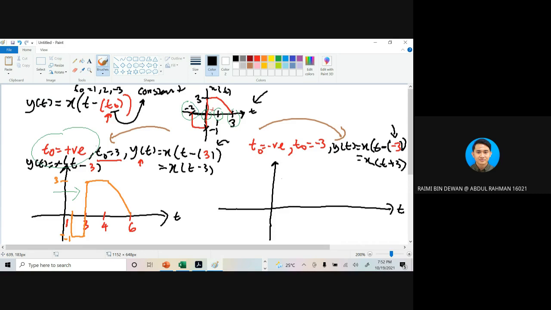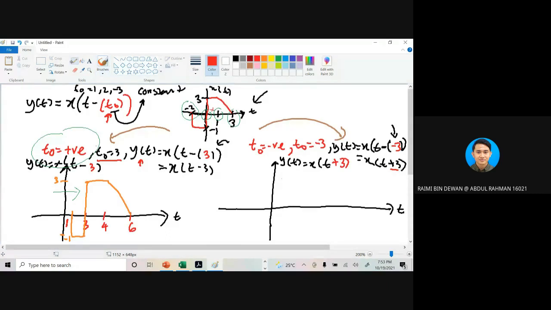Okay, so now remember again, I remind you guys to make sure you represent the signal properly. y(t) equals x(t) plus 3. We consider the same signal, the original signal.